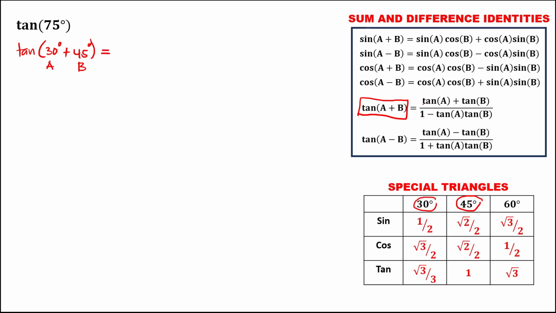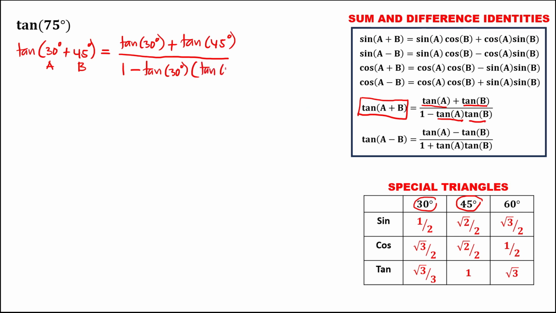So using this identity, we now have tangent A, and A is 30, so we have tangent 30 degrees, plus tangent B, and B is 45, so tangent 45 degrees, all over 1 minus tangent A, so A is 30 degrees, times tangent B, and B is 45 degrees.